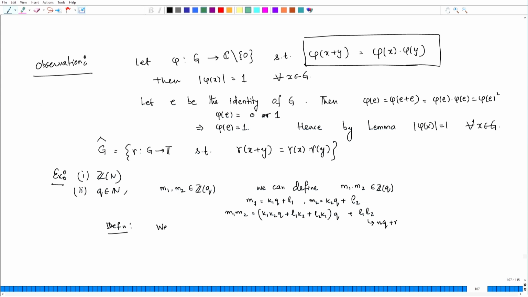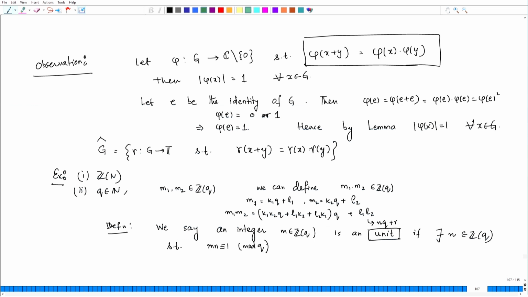We say an integer m belongs to Zq is a unit if there exists an n belongs to Zq such that m n is congruent to 1 mod q.